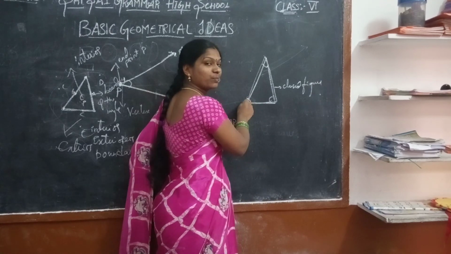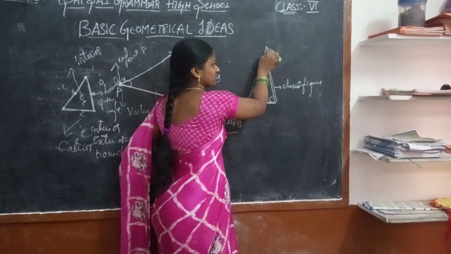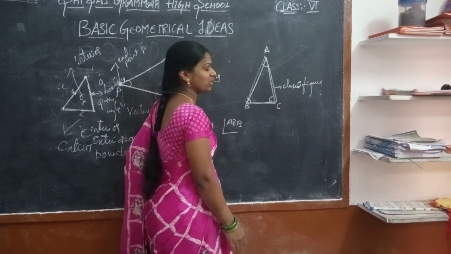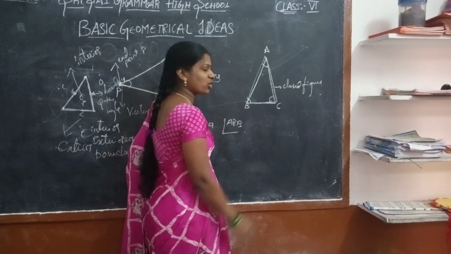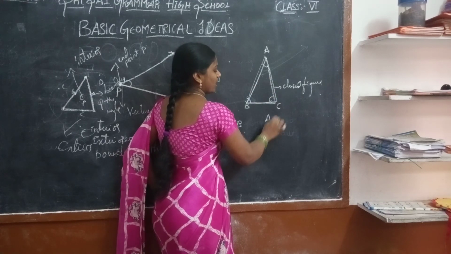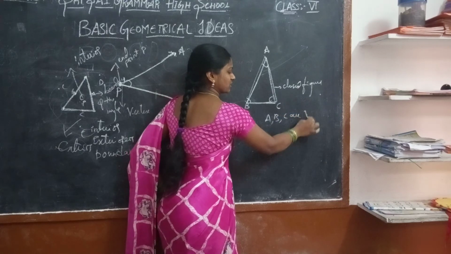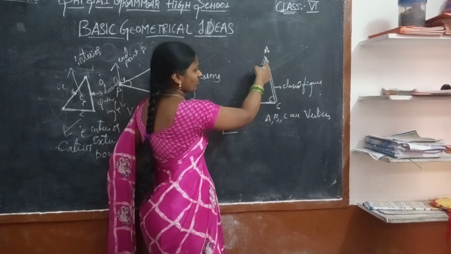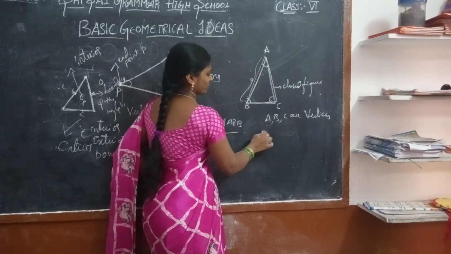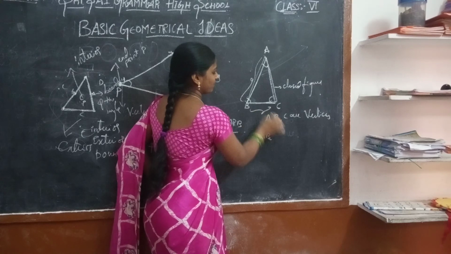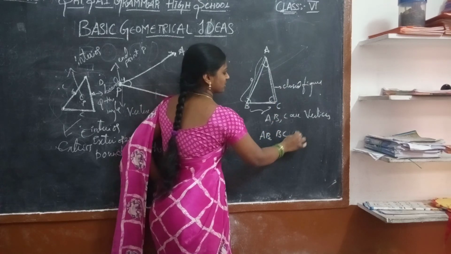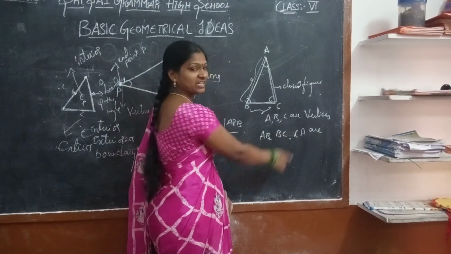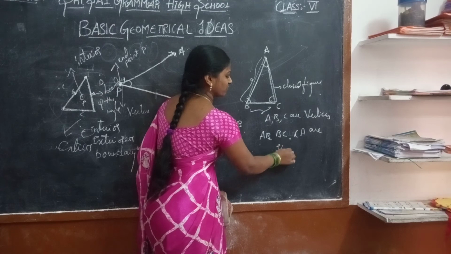Now I am representing the points: A, B, C. These are the 3 points, the endpoints of the triangle, and we call them vertices. A, B, C are vertices. AB, BC and CA are the sides of the triangle.